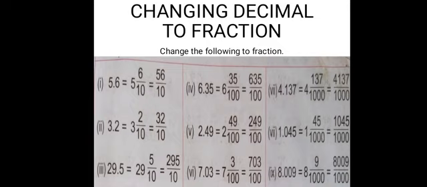Okay, looking at this example, you can change this to mixed fraction and also change it to improper fraction. So when you times 5.6 by 10, you get what? 56 over 10. Or you forget about the whole number and say 6 times 10 give you 6 over 10 plus the whole number, and that is why we get the fraction.